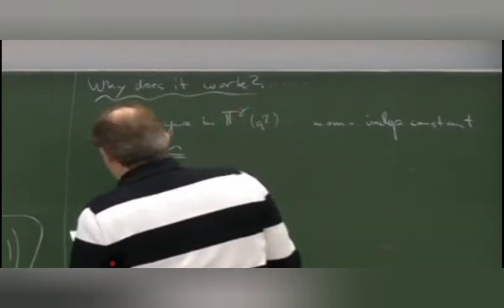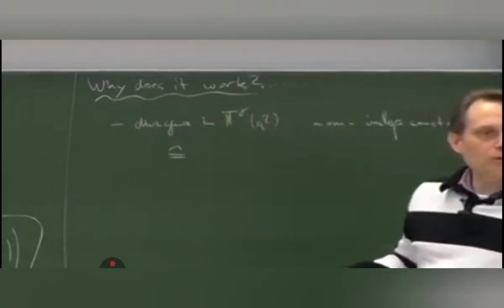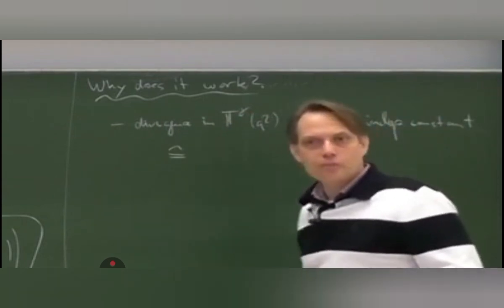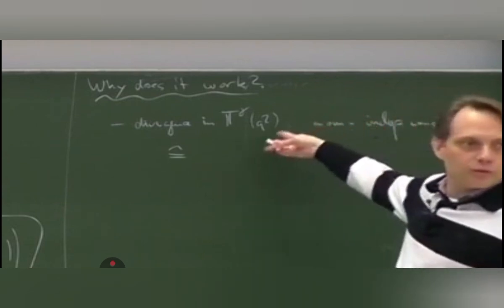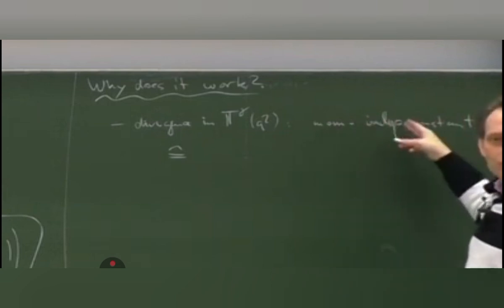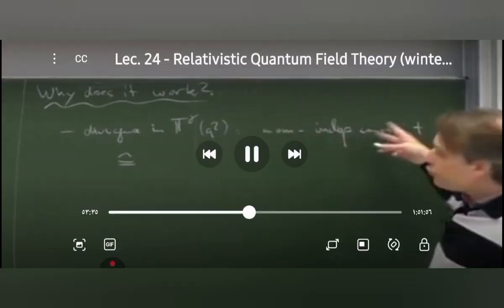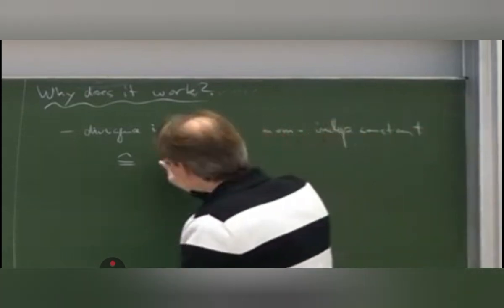Let's make that a little bit more explicit. So something which is momentum independent in momentum space, what does that mean in position space or in X space? You go by Fourier transformation from momentum space to X space, and so basically what is the Fourier transformation of a constant? It is a delta function of X. So Fourier transformation of a constant means something local in position space.